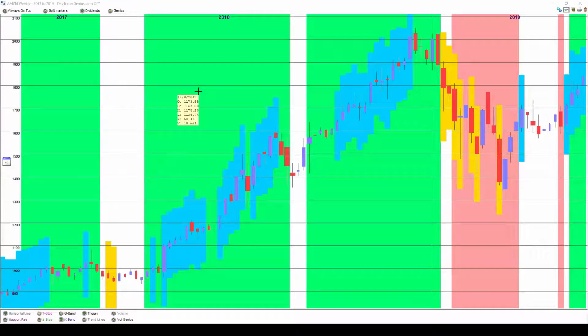As you can see, there are now two indicators painted on this multi-year chart. So you have the trigger, which we discussed in another video, and now you have the K-band portrayed by this blue highlight and yellow highlight. Now, blue means it's trending upwards with K-band signal, and yellow is the inverse of that, so going down with K-band.